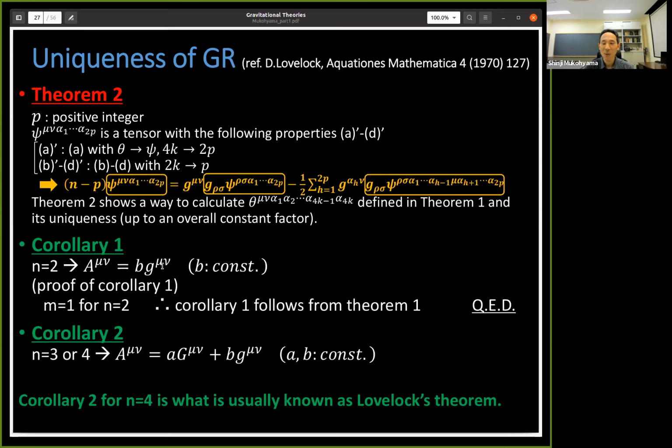Then we have the so-called dilaton gravity. So we have not only the metric, but also a scalar field in 2 dimensions. In that case, we have a field equation for the scalar field, and also the metric. But if we have just a metric in 2 dimensions, we don't have an equation.